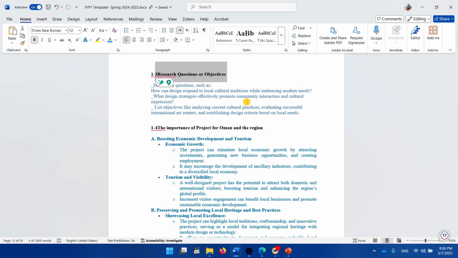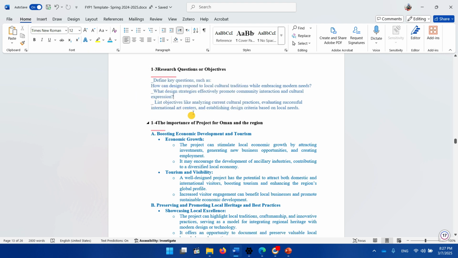Okay, or what colors or style of architecture is preferred in Oman? This is a question. We don't have an exact answer for that, right? So you try to do some surveys, some content analysis, and some interviews. So based on that, you want to find an answer. So basically, remember, this is a research question. It's not the objective of your own design project.